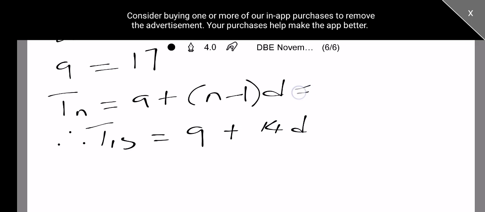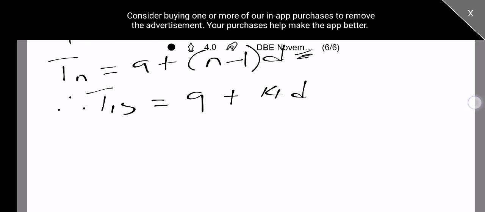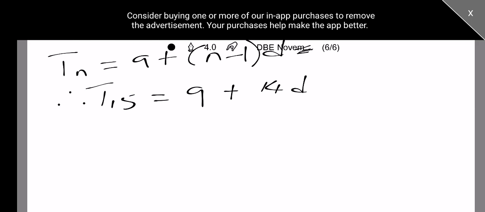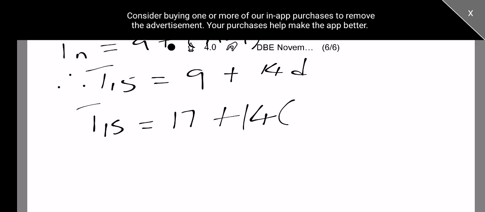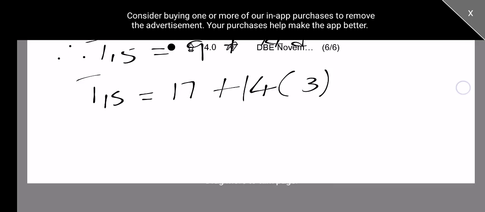From this equation we can derive the equation for the 15th term. So T15 is going to be equal to a, which was 17, plus 14 multiplied by the difference, which was 3.